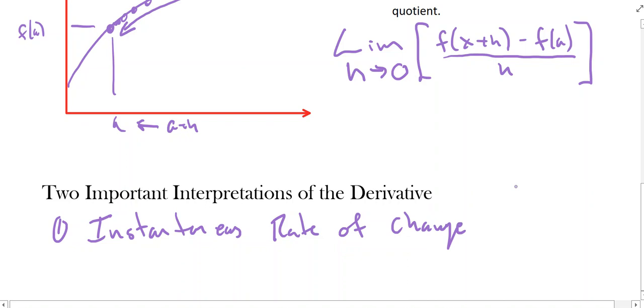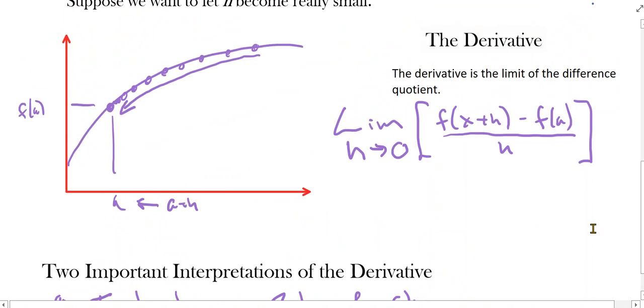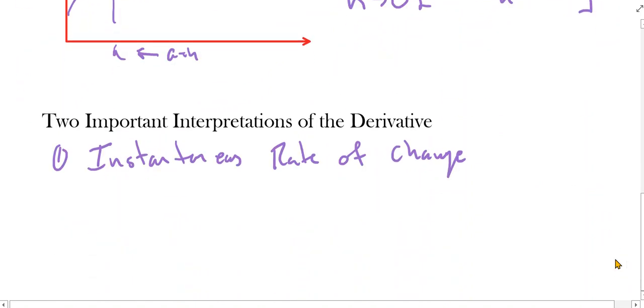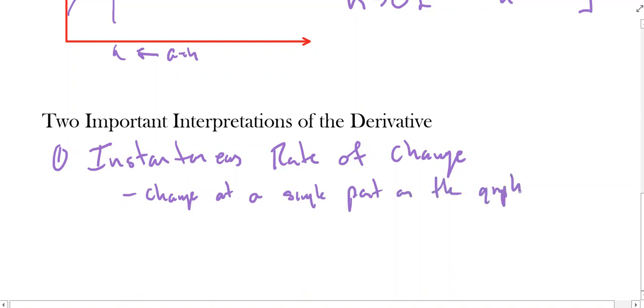So instantaneous rate of change is change at 1 point on the graph. I'll write that in here. Change at a single point on the graph. And number 2, it helps us to find the slope of a tangent line.